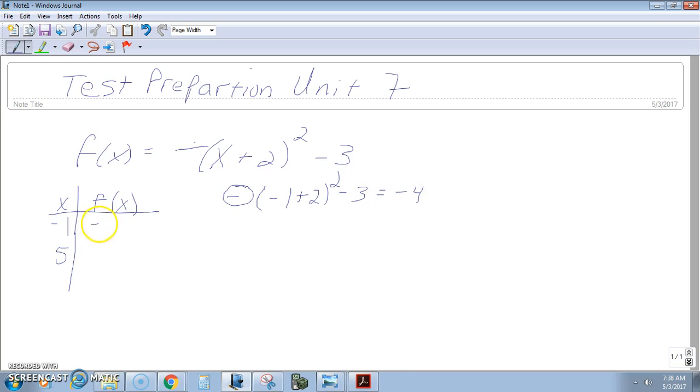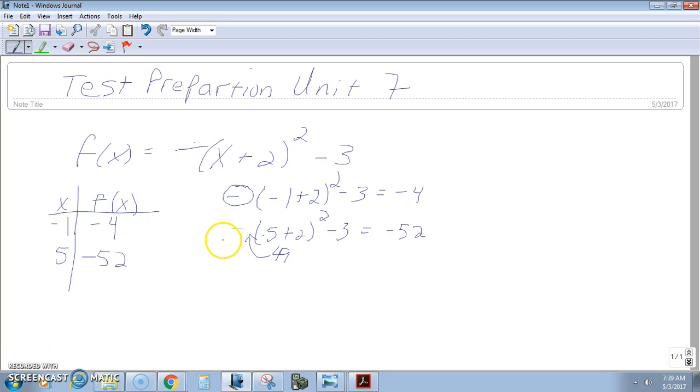So my output would be -4. And then what if I input 5 instead? I have 5 plus 2 squared minus 3 equals 5 plus 2 is 7, squared is 49. But it's a -49 because of the negative on the outside. -49 minus 3 is -52. So those are my 2 points.